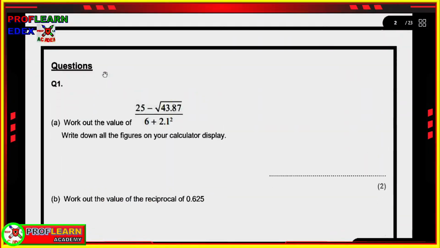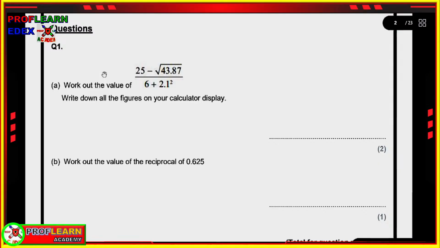We're going to look at the first kind of question you need to prepare for: how to work out the value of an expression using your calculator.